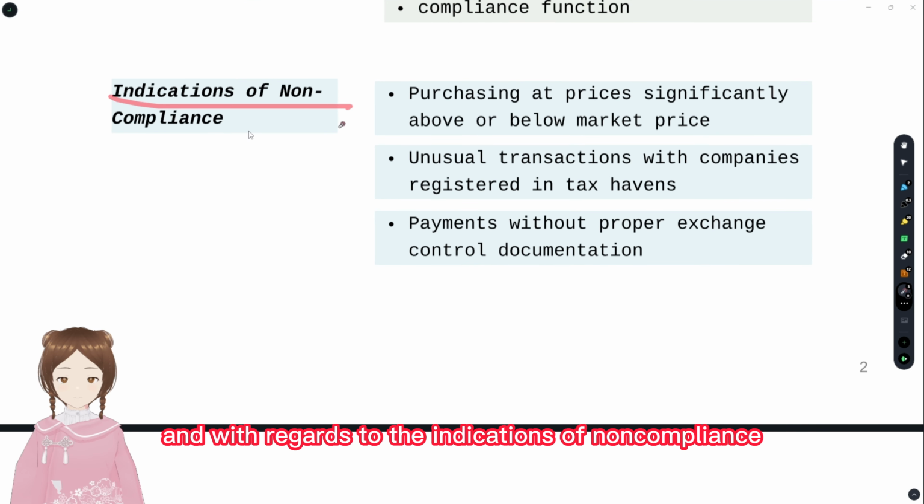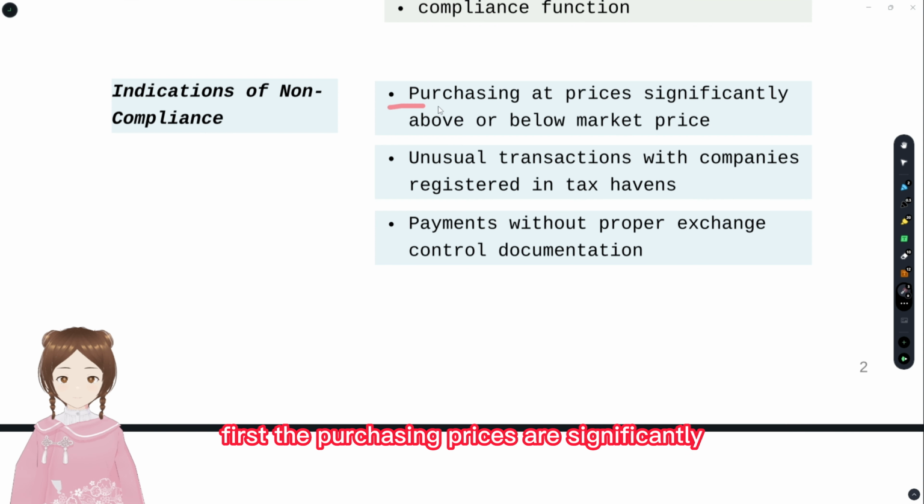And with regards to the indications of non-compliance, this is from the auditor's perspective when he goes to audit an entity. What are the indications of non-compliance? First, the purchasing prices or sale prices are significantly above or below the market price. Those were what?